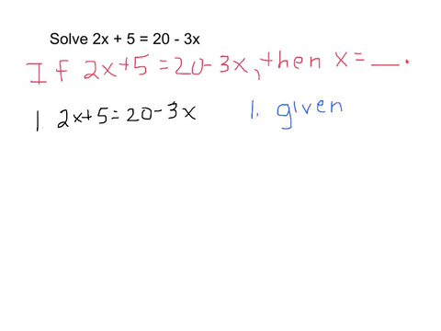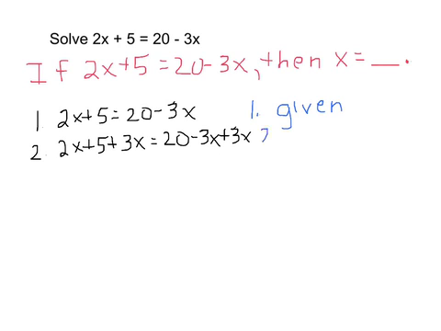We knew that was true because the problem started out by giving us that information. Okay? Next step. We're going to go ahead and add 3x to both sides. We know from Algebra 1 days that as long as we add the same thing to both sides, it's going to be still balanced or true.